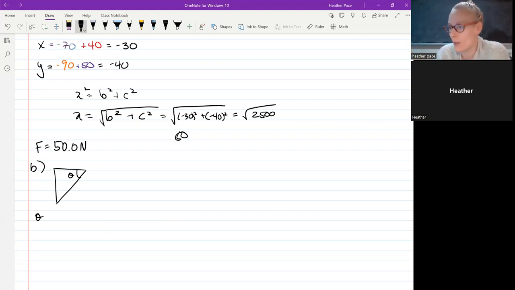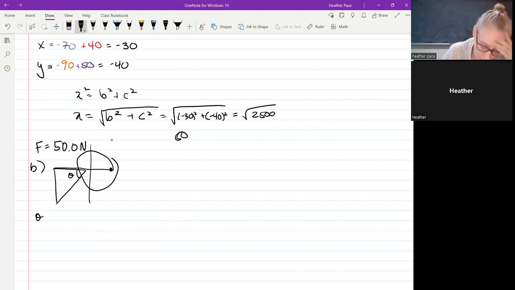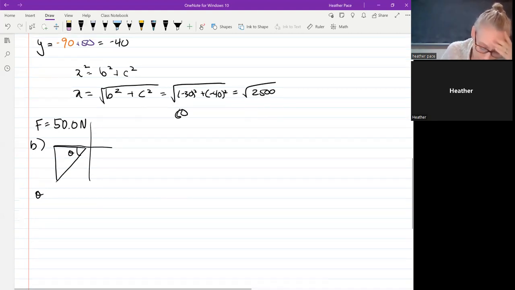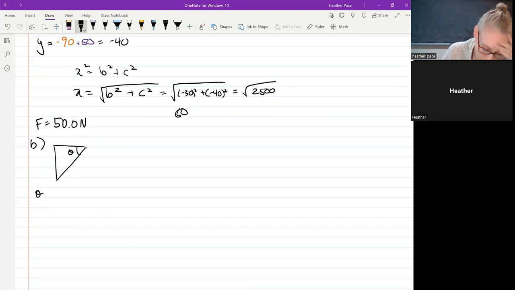We could say it's so many degrees from the negative y. We could just give a degree, and then we're assuming that if this is our xy, we're starting here and going around. But really, we just need this angle is what our direction is going to give us.